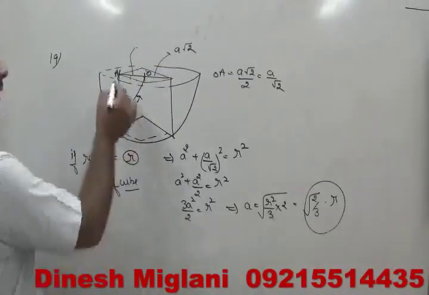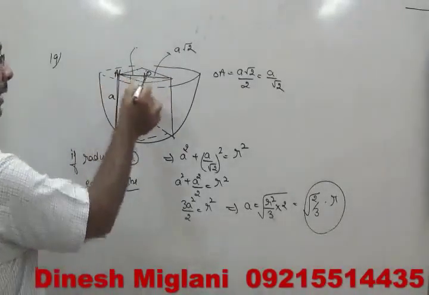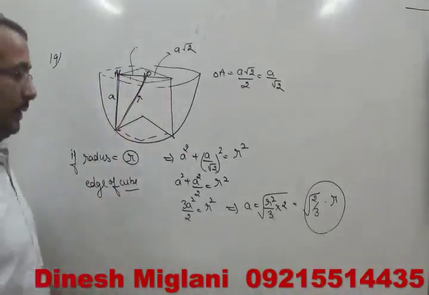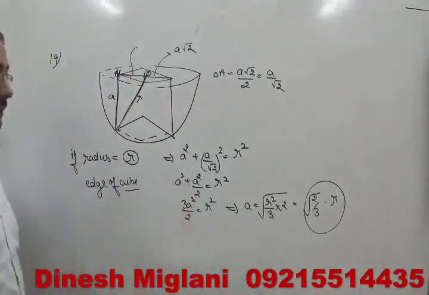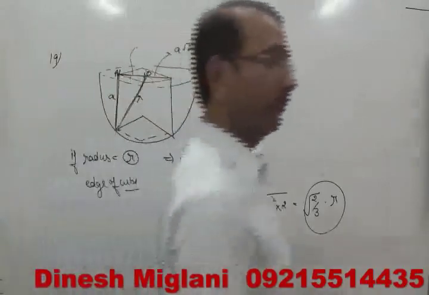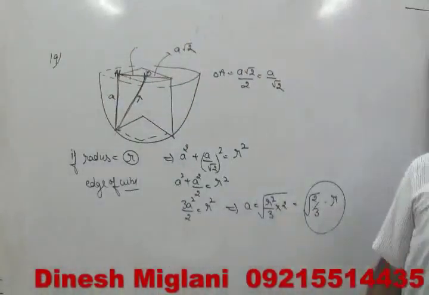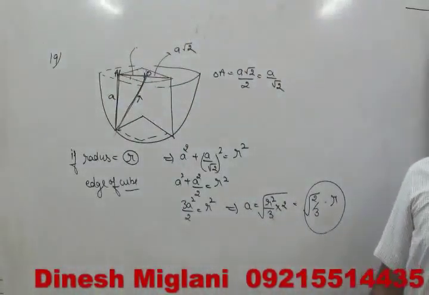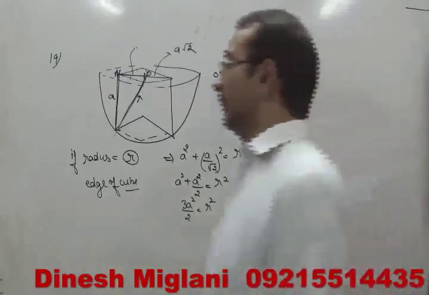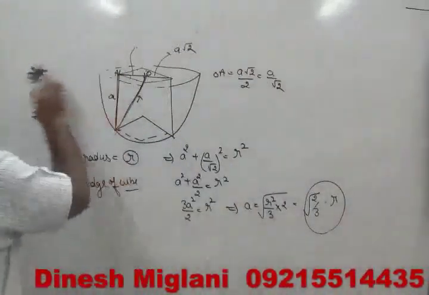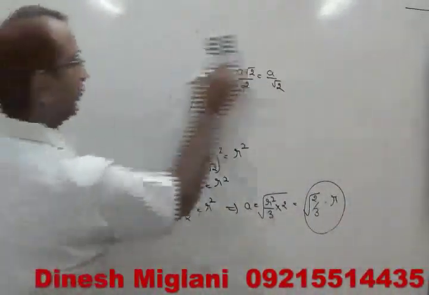Now this is the perpendicular, this is the base, and this is the hypotenuse. So from here we can make an association between them, and I can say root 2 by 3 r becomes the edge of the cube. That's my answer, right? By this concept, we have now understood how to deal with such problems, whether a sphere is inscribed in a cube, a cube is inscribed in a sphere, or a cube is inscribed in a hemisphere.